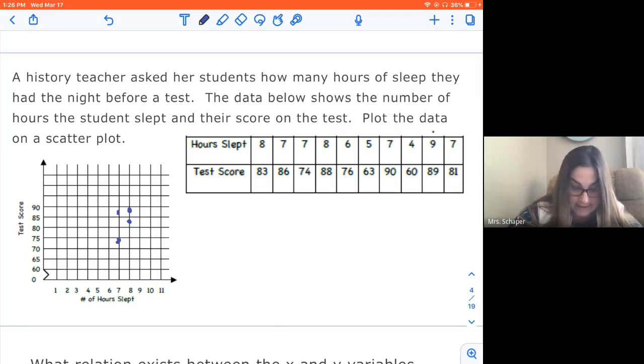We've got 6 and 76. So I'm finding where my dots connect, 5 and 63. So I go over 5, up 63, over 7, up 90. Kudos to that student. Over 4, up 60. Over 9, up 89. And over 7, up 81.